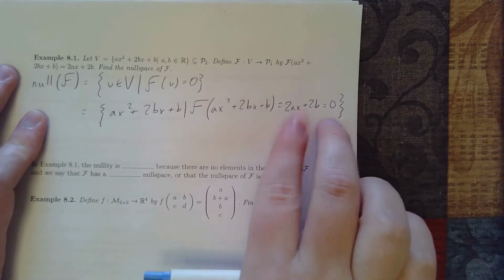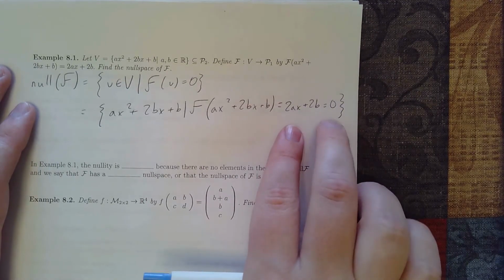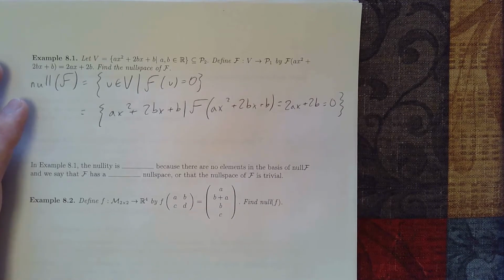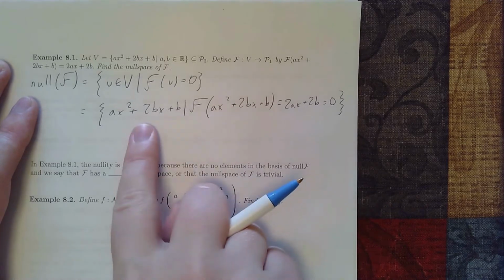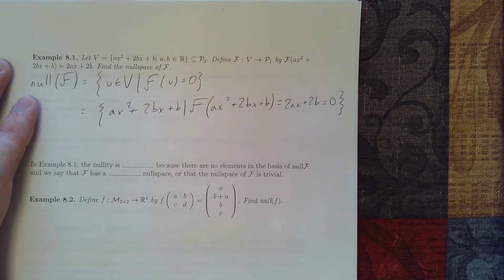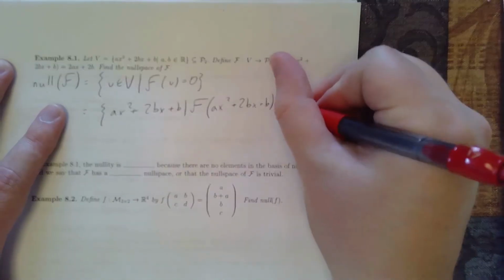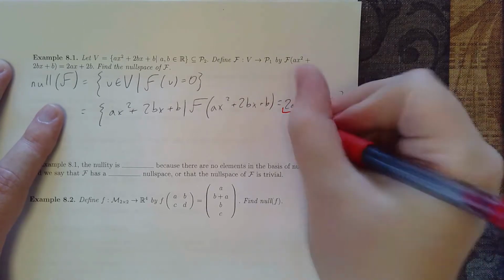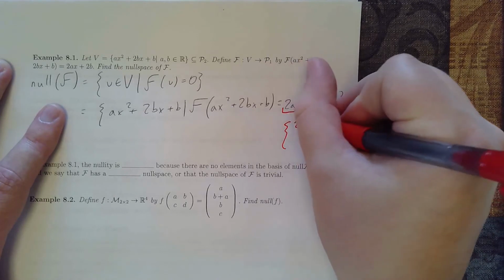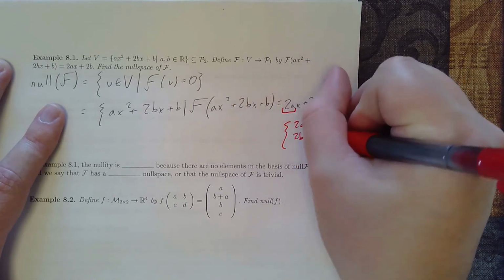So we want to look at this equation and figure out what this means for our potential vectors. If we compare our coefficients, we end up getting the system of equations 2a equals 0 and 2b equals 0.